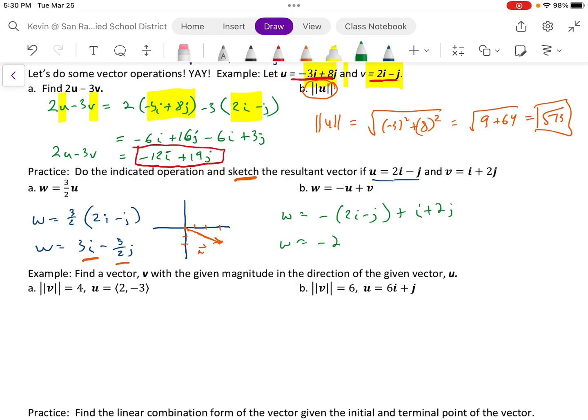So w equals negative 2i plus j plus i plus 2j. Negative 2i plus i, that's negative i. And then j plus 2j, that's plus 3j. All right, so that would be our answer.